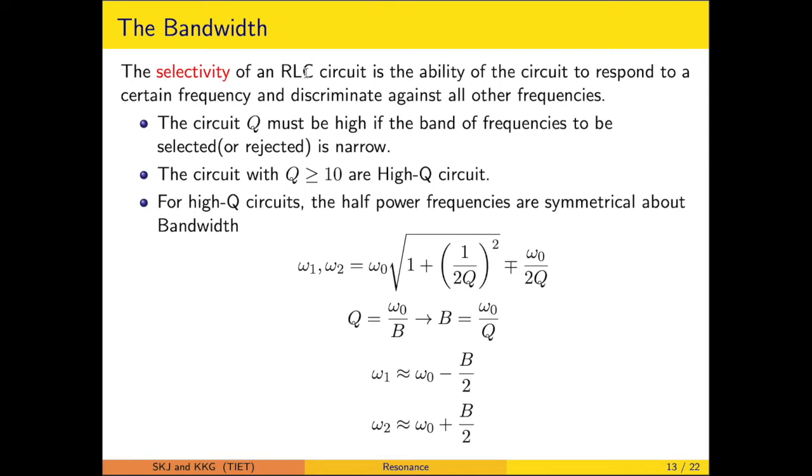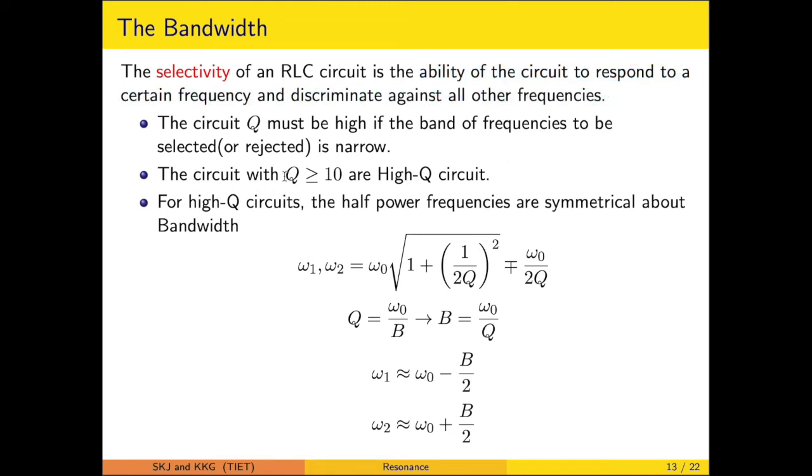The selectivity of the RLC circuit is the ability of the circuit to respond to a certain frequency, or to discriminate against all other frequencies. So when we are interested in selecting a narrow band of frequencies, the circuit Q must be high.